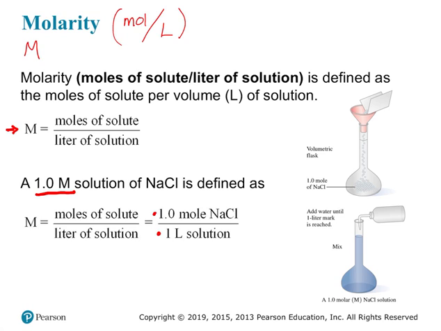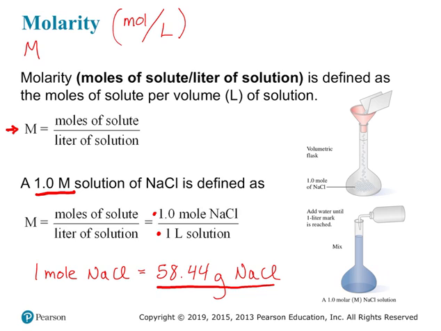So that means we have to figure out how much mass is equal to 1 mole of sodium chloride. I think from previous calculations, we found that 1 mole of sodium chloride is equal to 58.44 grams of sodium chloride. So that means we would have to weigh out 58.44 grams of sodium chloride.